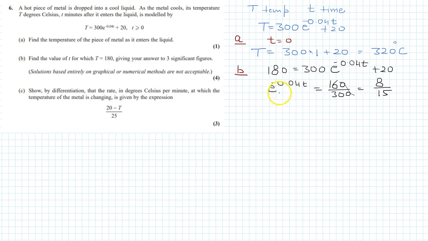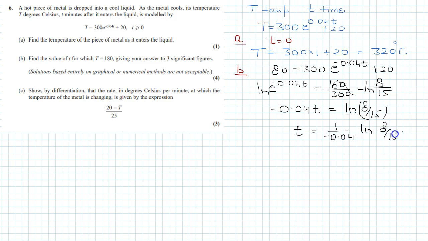Now we take the log, ln on both sides. So negative 0.04 T is equal to ln 8 over 15. So T will be 1 over minus 0.04 ln 8 over 15.